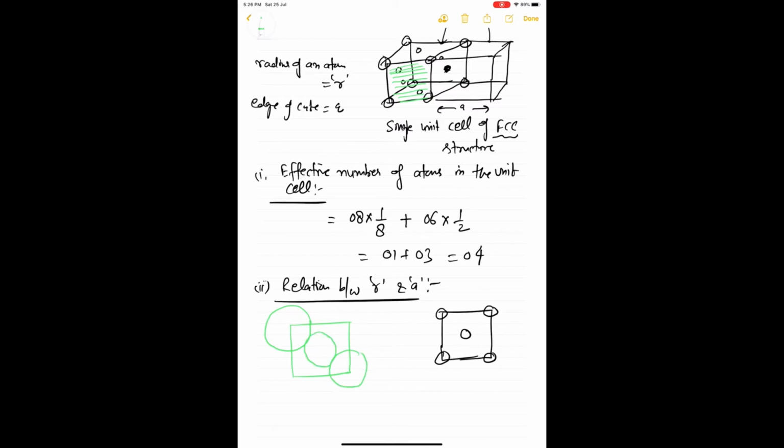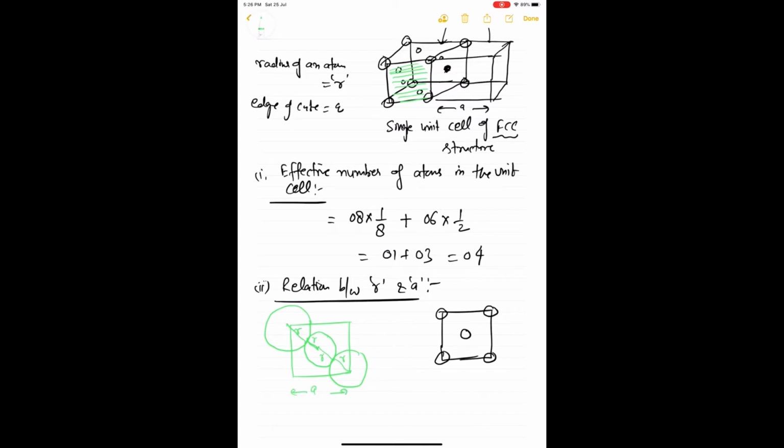So assuming all these 3 atoms to be identical, although they appear to be of different size because I have drawn them by hand, in actuality all three are of the same size, same radius, same diameter. So let's say the radius is r. The complete diameter will become 2r here, and this r, and this also, and this edge is a. The edge of the cube is a.